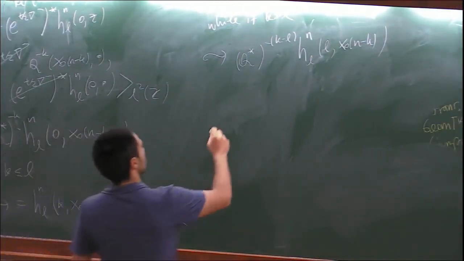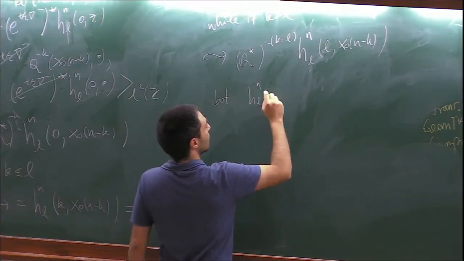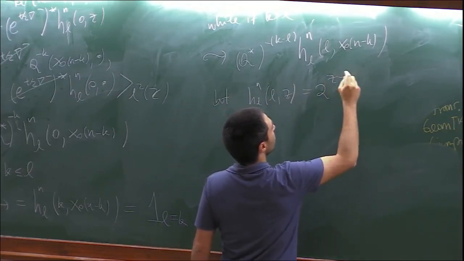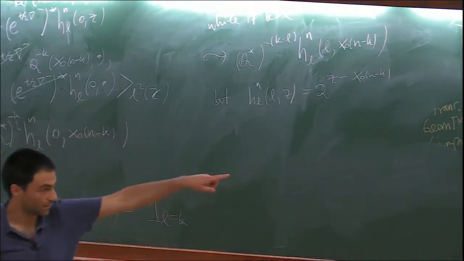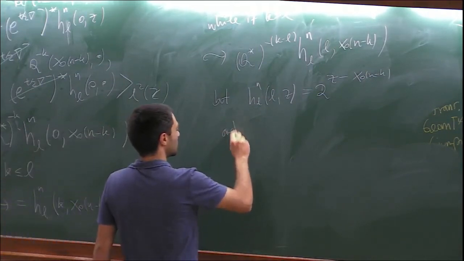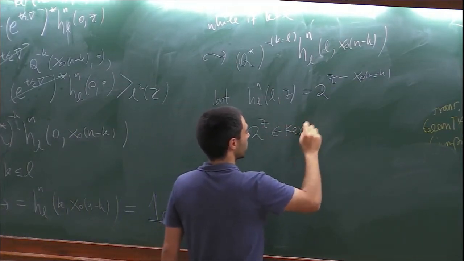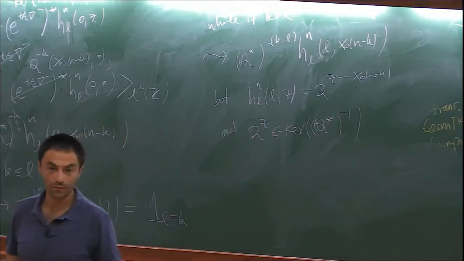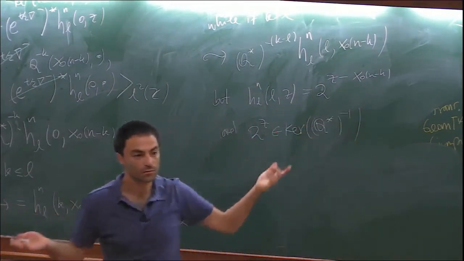I told you, so this equals 2 to the z minus minus k. That's, again, the initial condition. And it turns out that 2 to the z, this function is in the kernel of q star minus, you can check it. If you apply q star minus to the function 2 to the z, this is just a constant, you get 0.